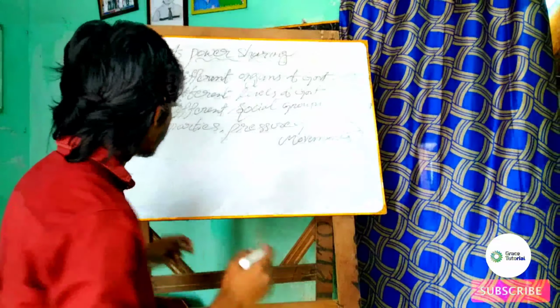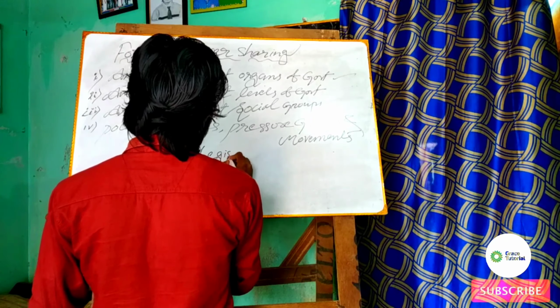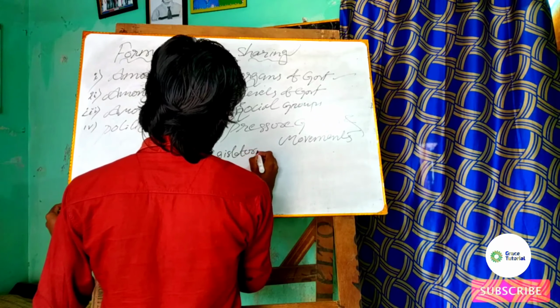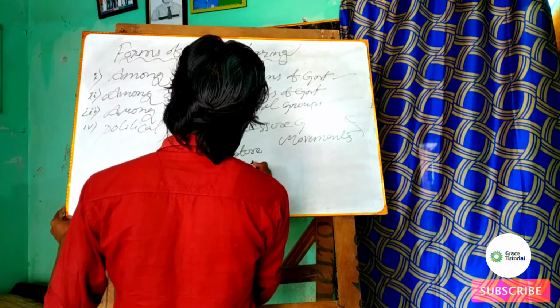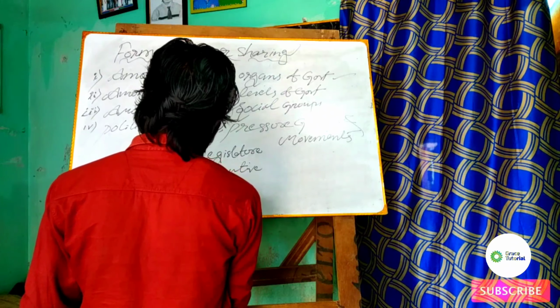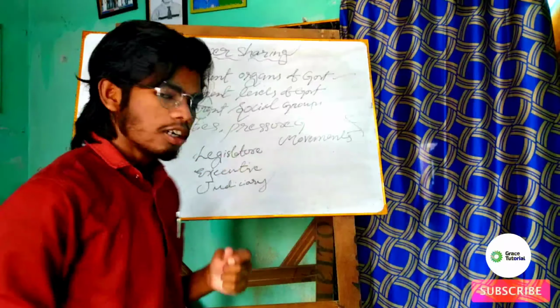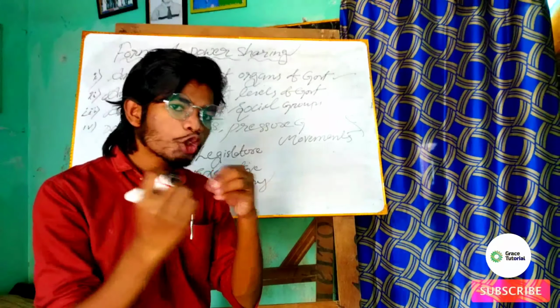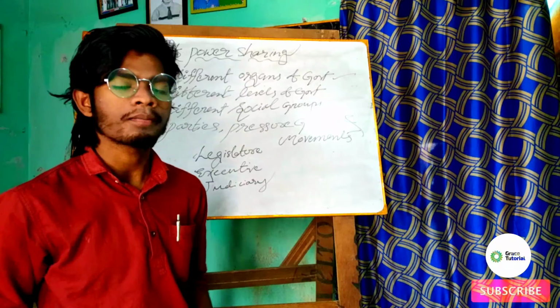There are three different organs of the government: legislature, executive, and judiciary. That means the power is shared between the legislature, executive, and judiciary.